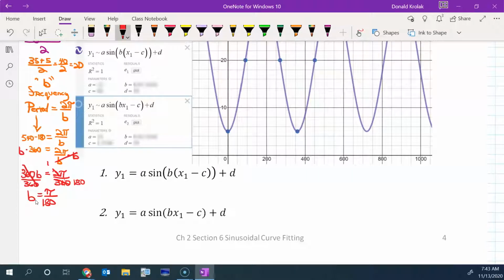Now, when we do it on Desmos, it's not going to be written like that. It's going to be written as a decimal. So I'm going to convert that to a decimal so we can compare it. Okay, so let me load up a calculator.